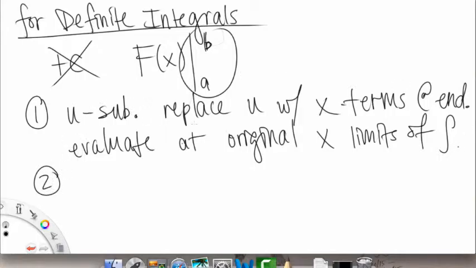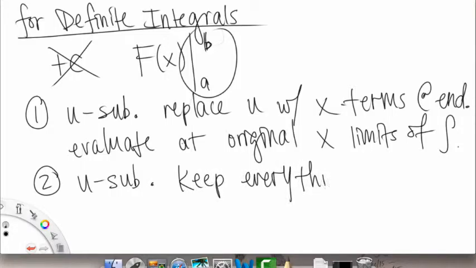We're just going to go all the way through, replace our u with x's at the end, and then use those original x limits. The other way we could do it is to go through U substitution, and then at the end, not replace u with x stuff, but keep everything in terms of u.